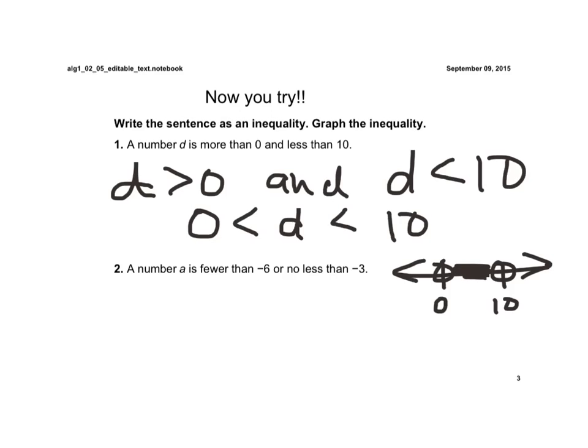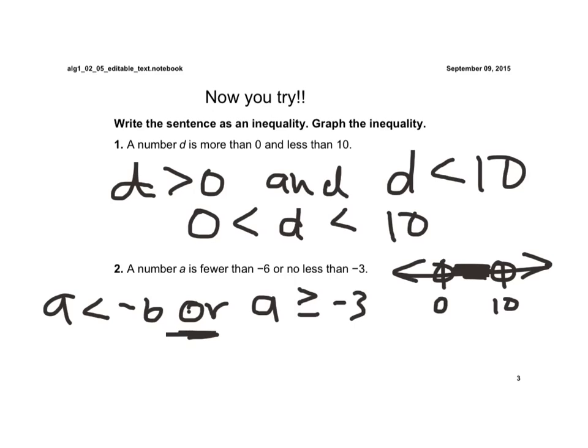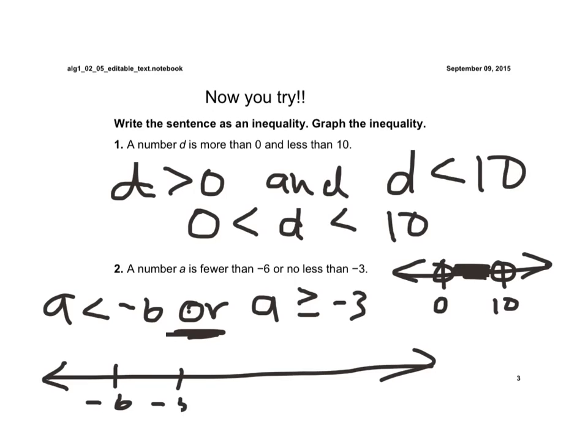And for number 2, a number A is fewer than a negative 6, or a number A is no less than, which would be greater than or equal to, a negative 3. And again, we can't rewrite this. This is how it has to be written with the word or. But if I graph this, I have negative 6, negative 5, negative 4, negative 3.